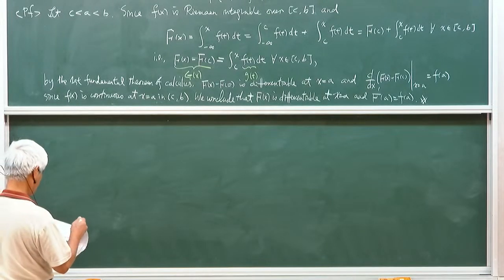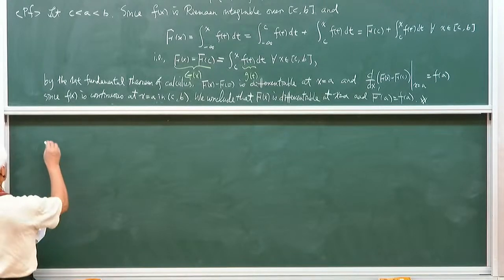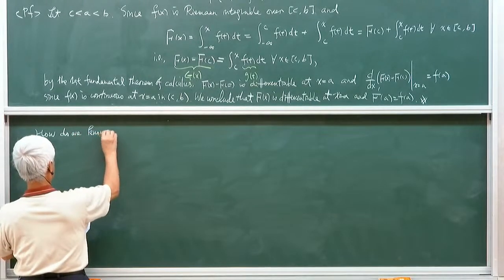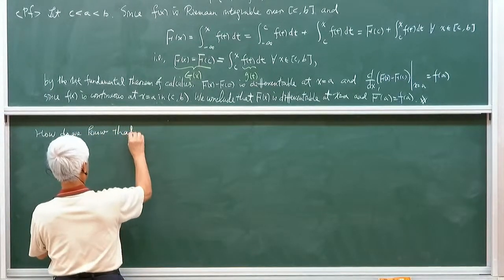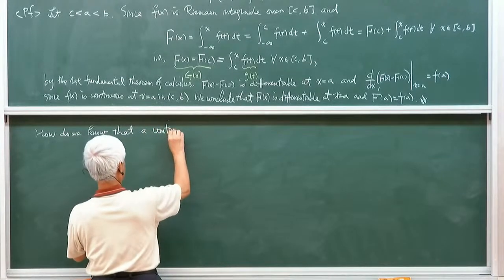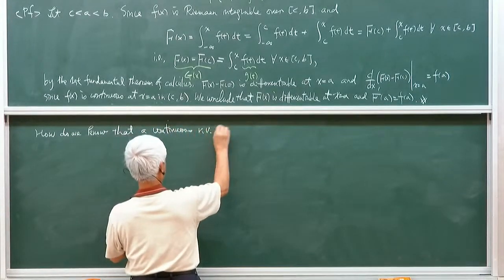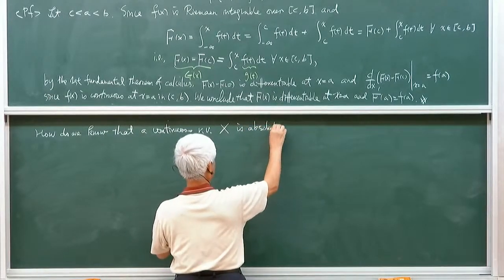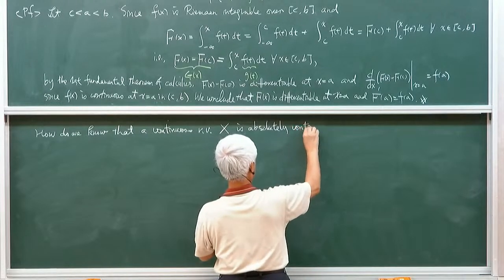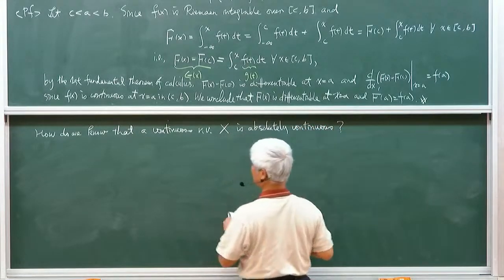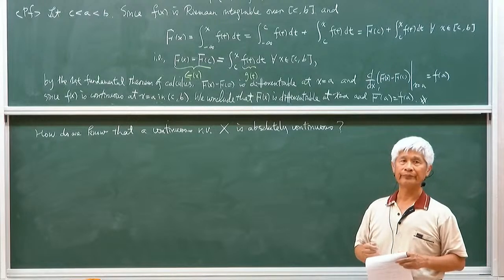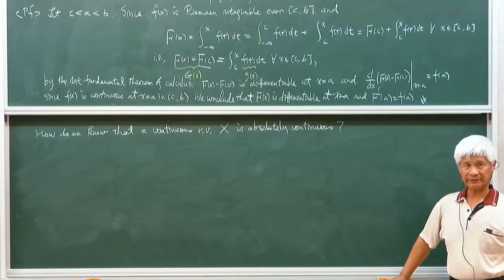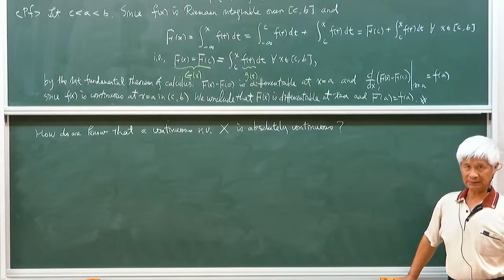Okay. The other direction is, how do we know that a continuous random variable X is absolutely continuous? All right, so the question is that. So how do we know that a given continuous random variable is absolutely continuous?